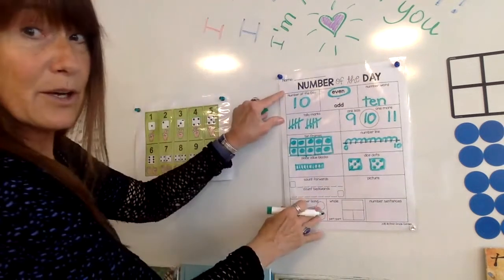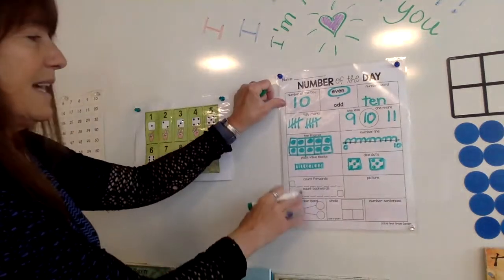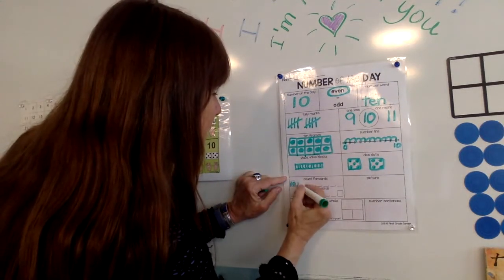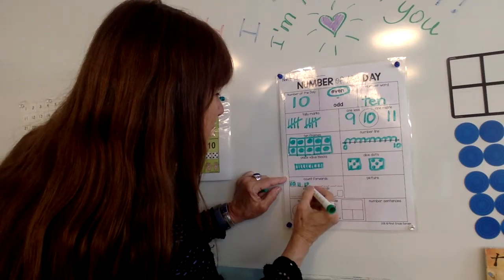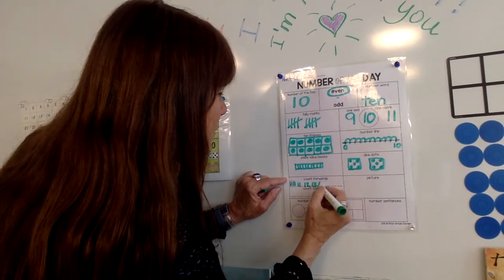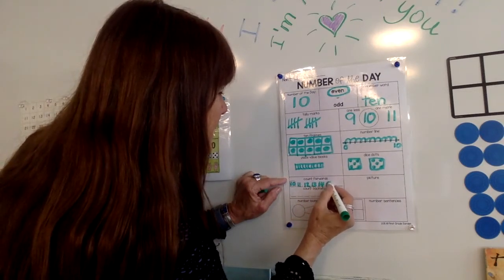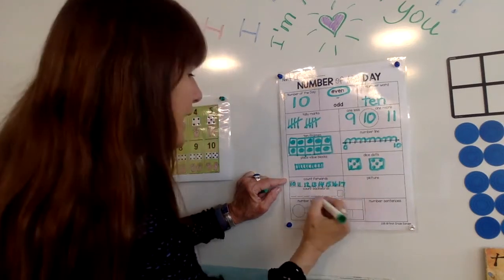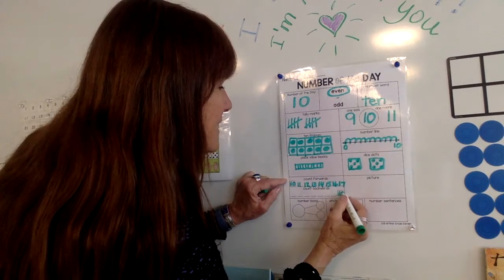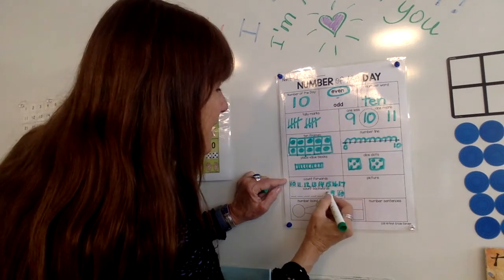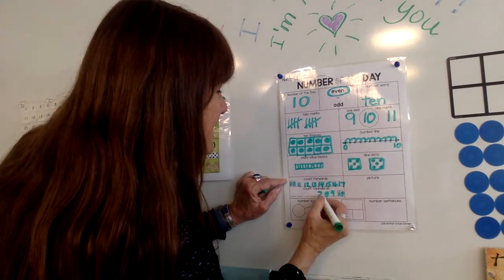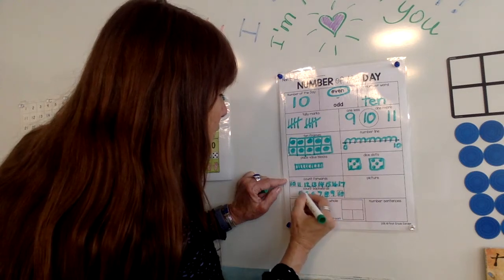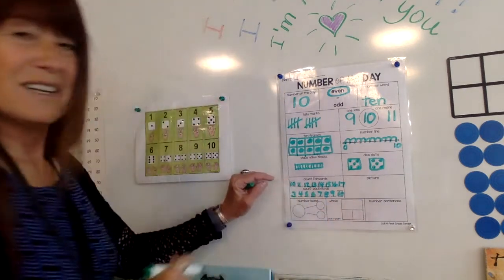That makes 10 altogether. Okay, let's count forwards. Starting at 10, we would have 11, 12, 13, 14, 15, 16, 17. Counting backwards, 10, 9, 8, 7, 6, 5, 4, 3.